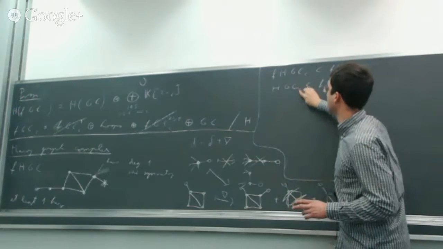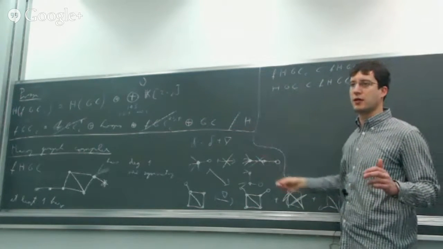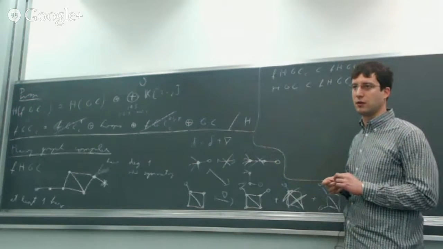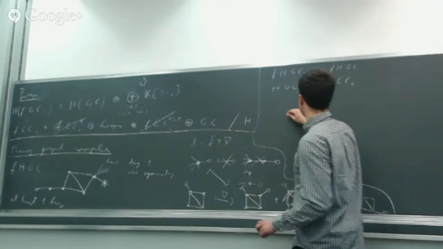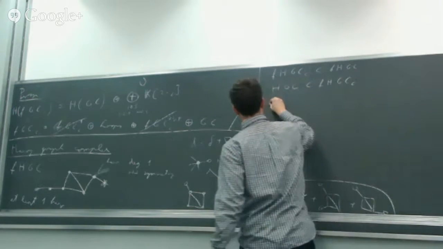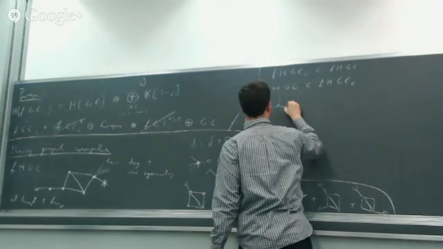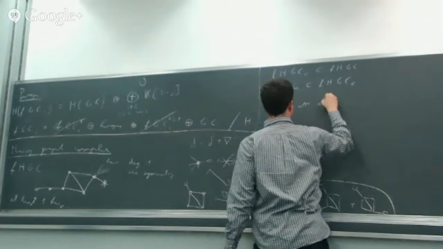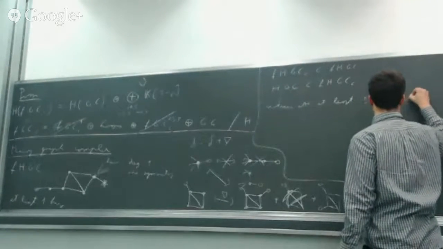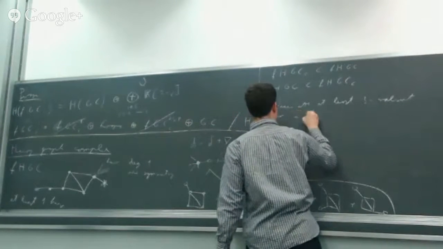I'm not writing this because by definition I consider the same story as in graph complexes. I also didn't have C there and I meant connected. Okay. So at least trivalent. So here vertices are at least trivalent, and here is a valence.